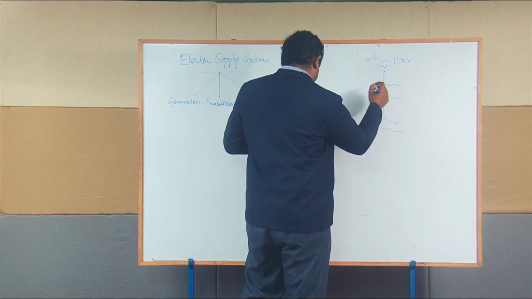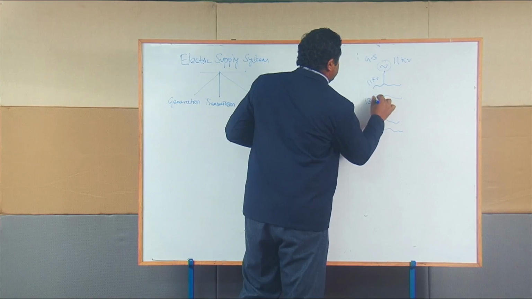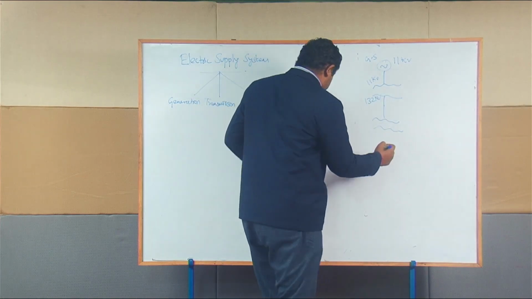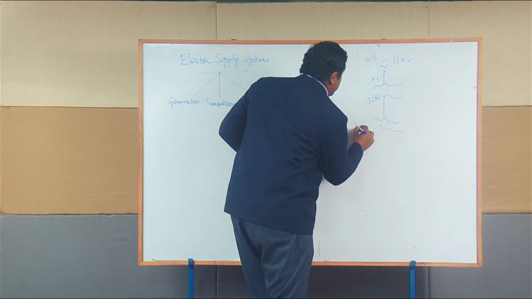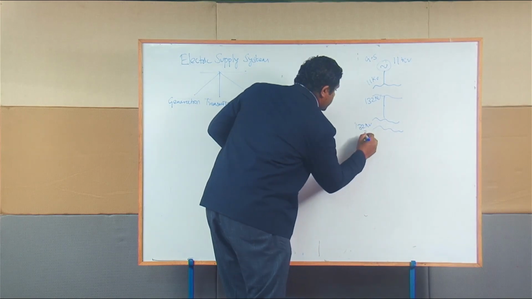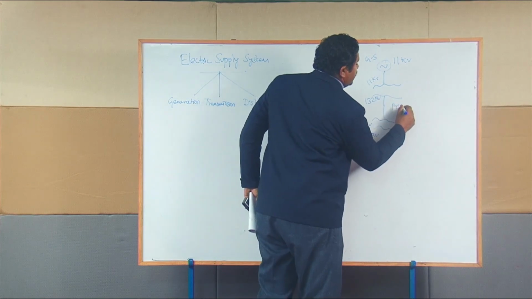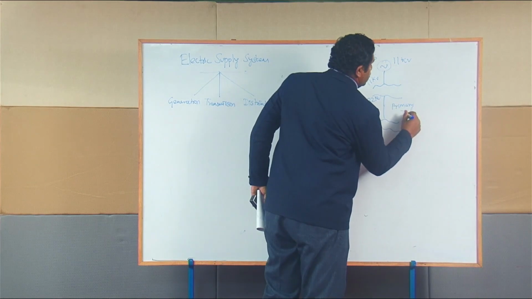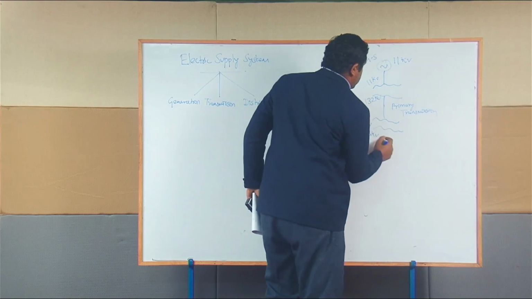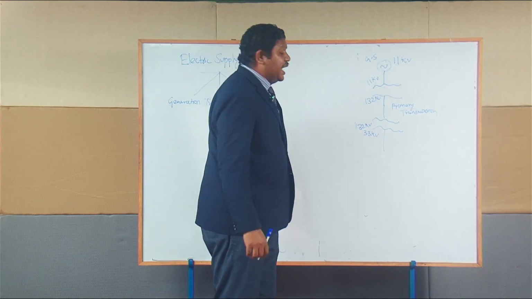We have a step up transformer from 11 kV to 132 kV, and it is transferred to the next level, 132 kV to 33 kV. The first level we call primary transmission, and the second level is called secondary transmission.